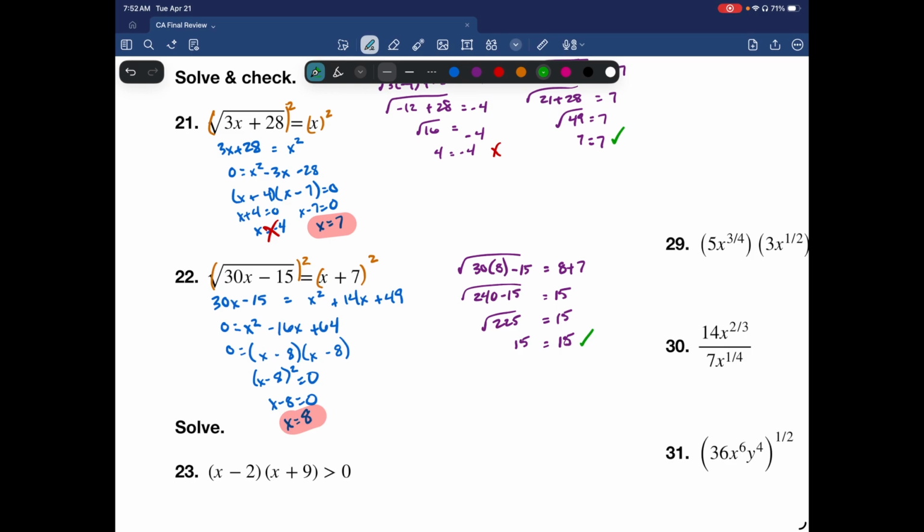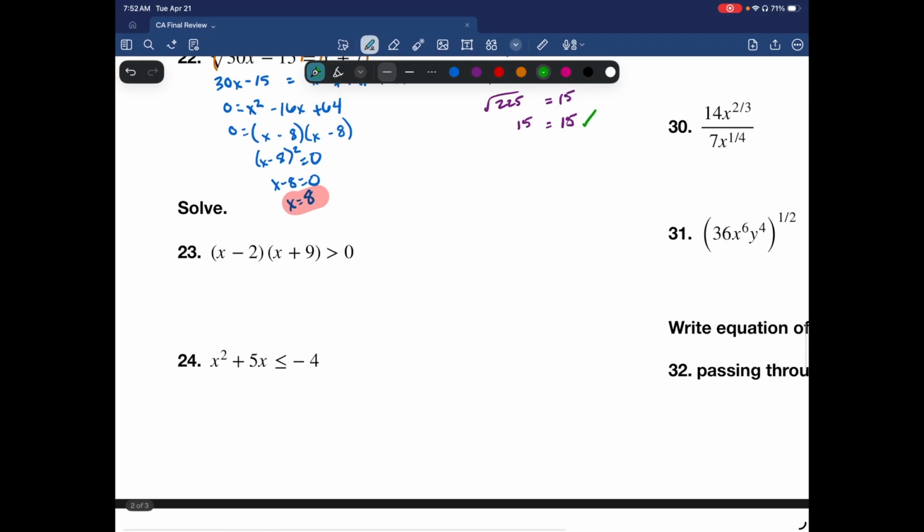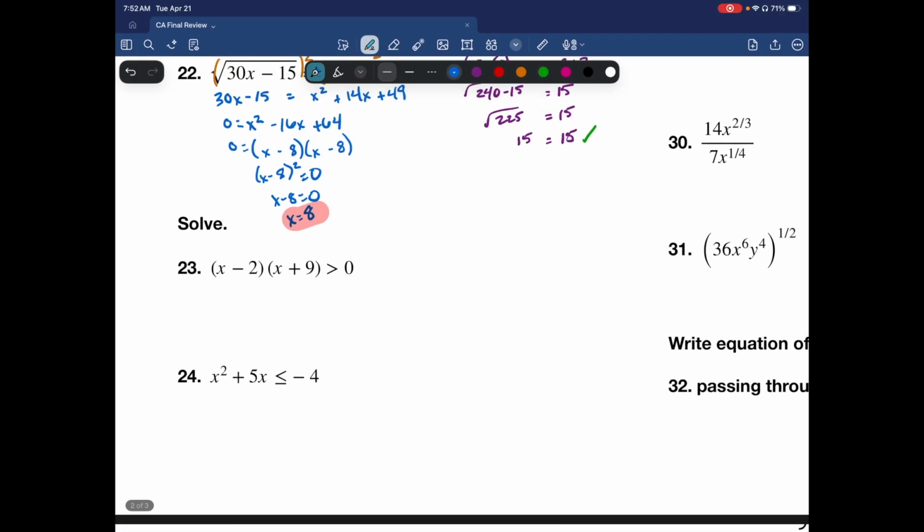All right, 23 and 24. When dealing with these polynomial inequalities, you want to make sure everything's in factored form. In 23, you start with everything in factored form. So x minus 2 equals 0, so x equals 2. x plus 9 equals 0, so x equals negative 9.